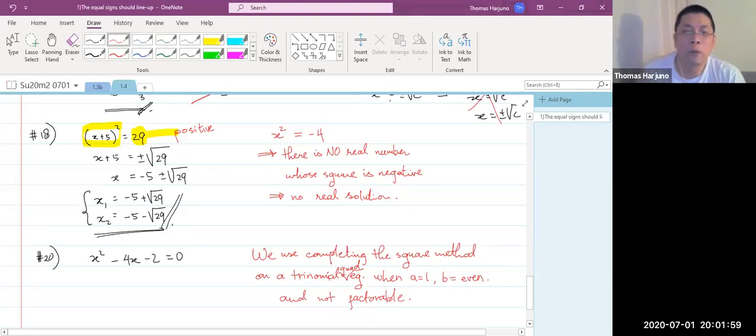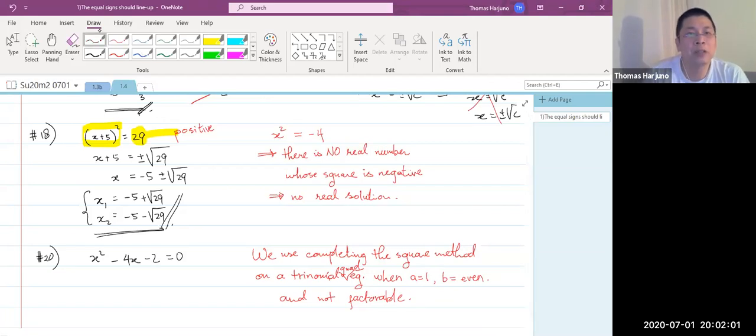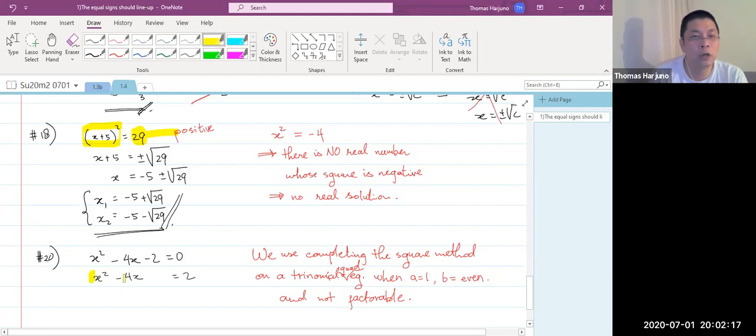Okay, the way we complete the square mimics the way we completed the square when we did the equation of the circle. Basically, I will move the constant to the other side first. So you see the leading coefficient is 1 and the coefficient of x is even, right?